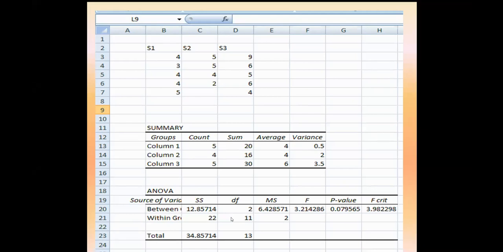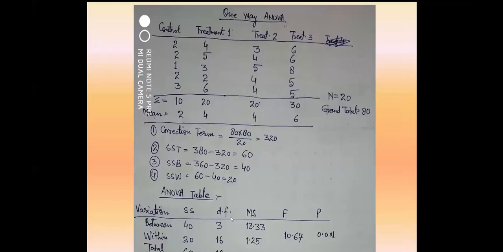So now, in exactly the same way, I have taken another example here. I have done manually all those things which I just explained. Exactly the same thing is there, but the only difference is that there is a control group and then three treatment groups. Their values are given here.